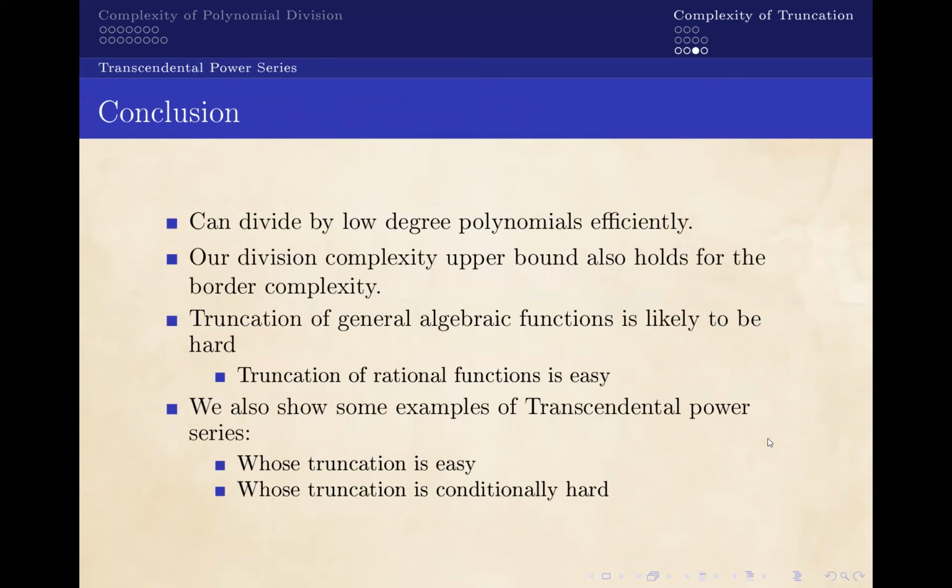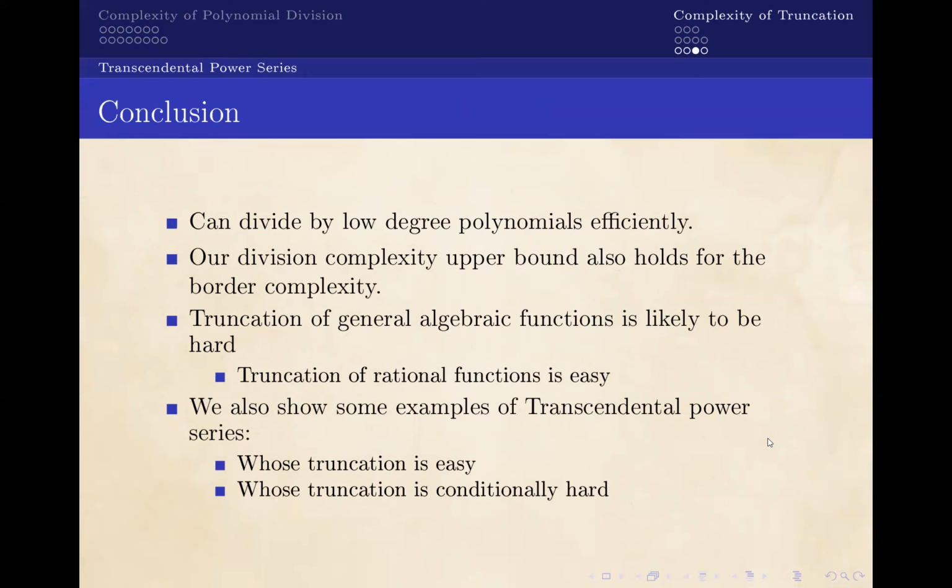So now let me sum it up. In the first part, we essentially showed that if you want to divide by low degree polynomials, then you don't have to worry. You only have to pay a polynomial cost in the degree of the polynomial by which you are dividing. And our division complexity upper bound is robust in the sense that it also holds for the border complexity.